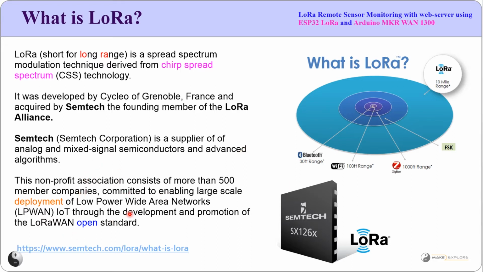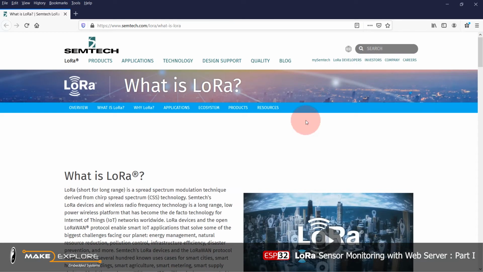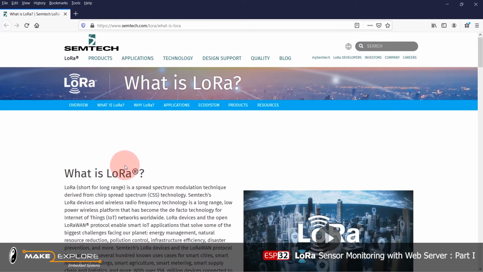Let's see more about LoRa on this website of Semtech. Here is the website of LoRa. Semtech is a founding member of the LoRa Alliance.